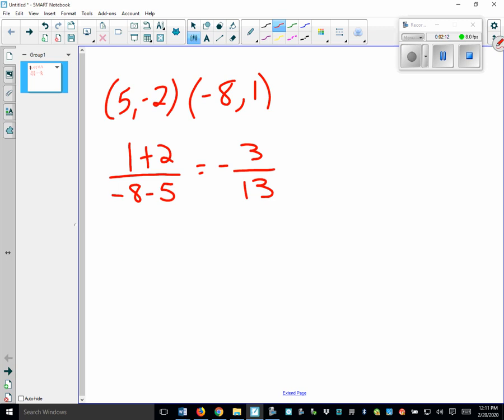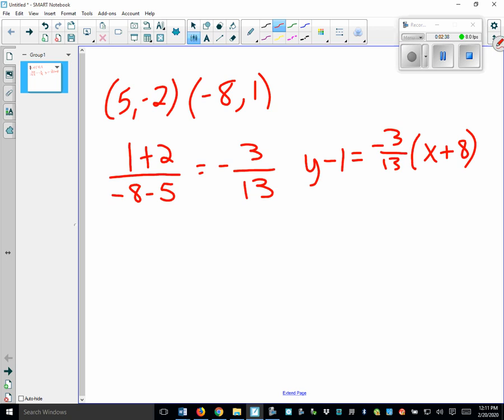Now, how do I find the equation? Y minus 1 equals -3 over 13, times x plus 2. You have to change the sign, don't you? X plus 8? You have to use the same point, the x and y from the same point.